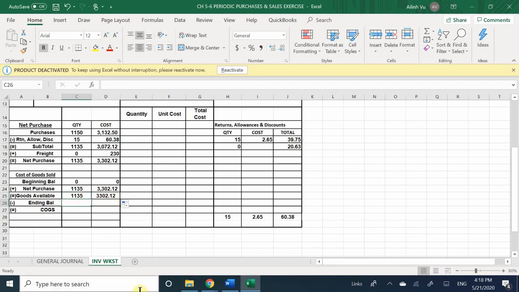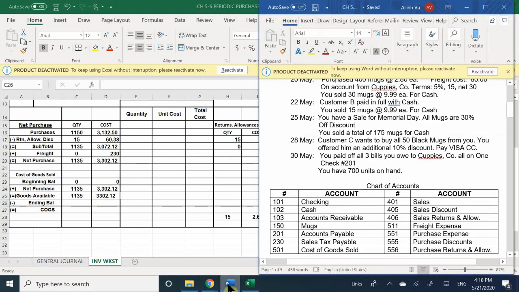Now let's go ahead. How much is at the end of the inventory? How many is at the end on the 30th? 435. What does it say in the scenario? In the scenario it says you have how many?